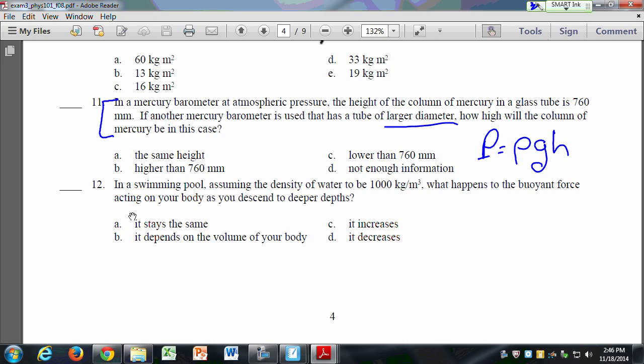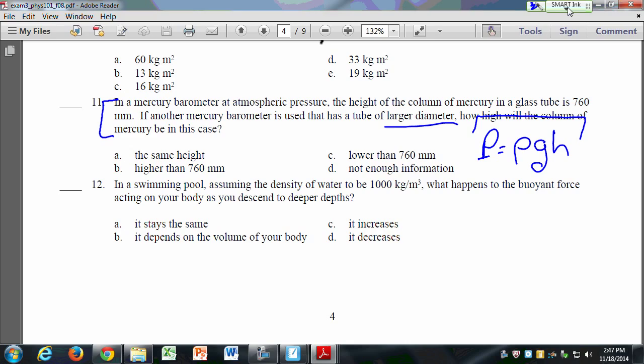It doesn't matter the size of your tube, it's only the height. Nowhere in this equation do you see diameter of the tube or area of the tube. So the height of the column is not affected by the diameter of the column. It's just the height of the column itself.